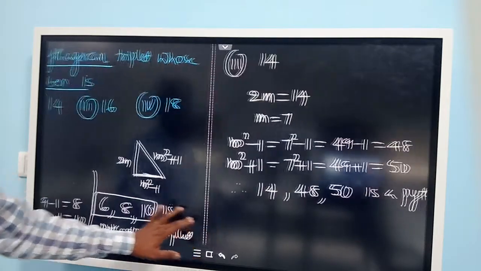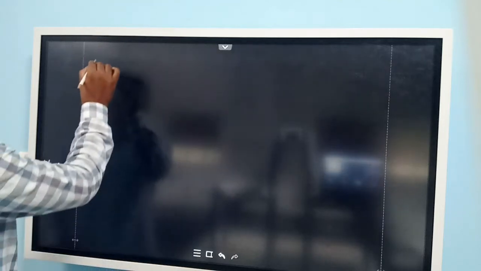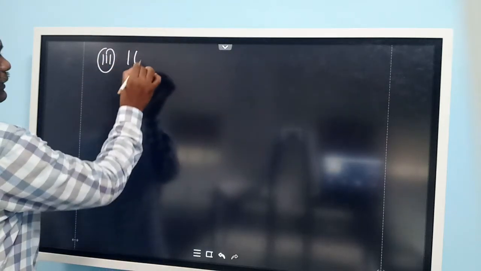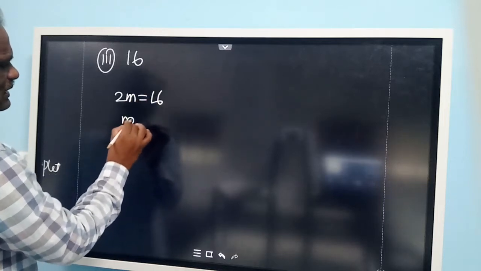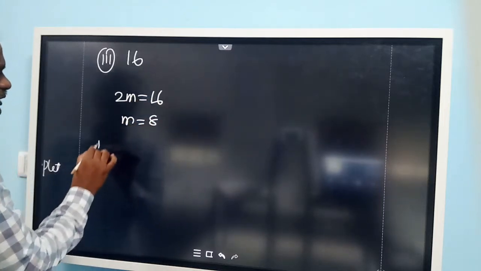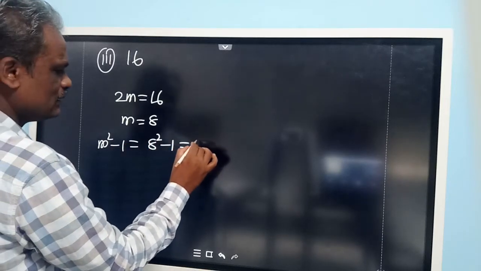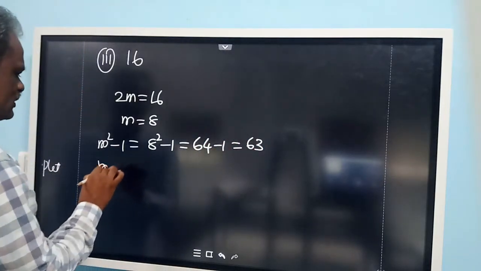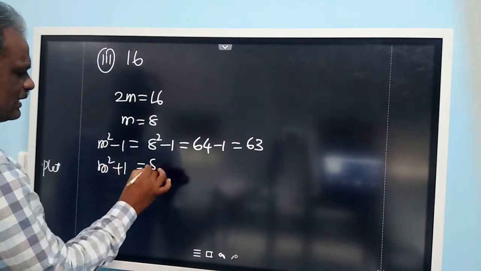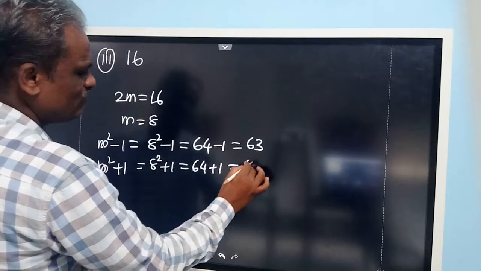Then the third one: one member is 16. Again take 2m equal to 16, so m is equal to 8. M squared minus 1 is 8 squared minus 1, 64 minus 1, 63. M squared plus 1 is 64 plus 1, which is 65.